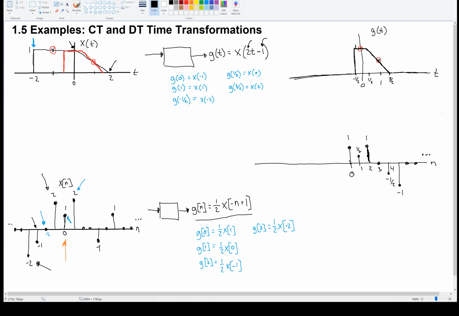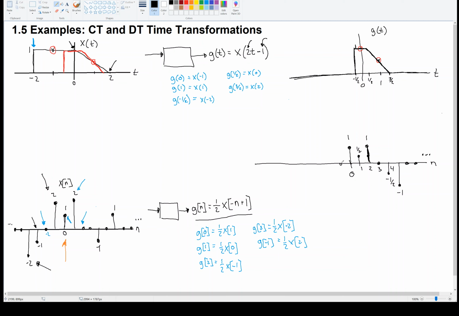Okay, and then if I go the other way, let's say I want g of minus 1. So I plug in minus 1 for n, I get 1/2 x of 2. x of 2 is a 0, this guy here.